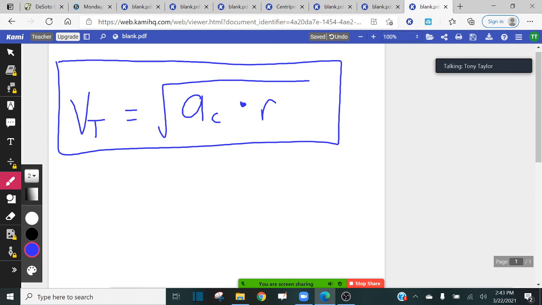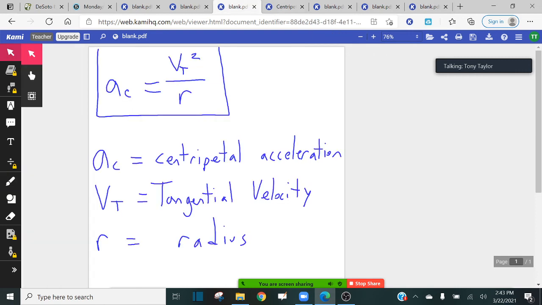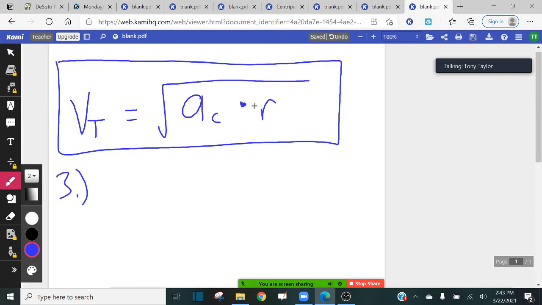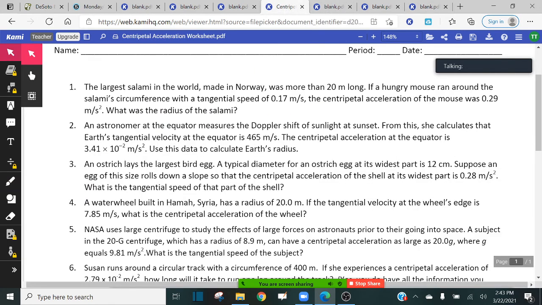So this is the equation we're going to use to do number 3. Again, all I did was take this equation, rearrange it, and get tangential velocity by itself. Okay. So now, going back to number 3.